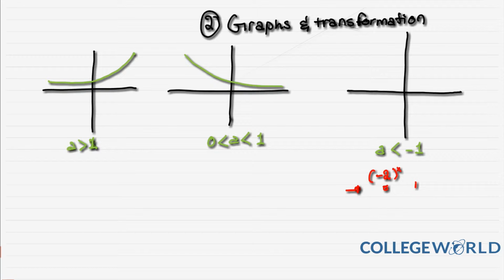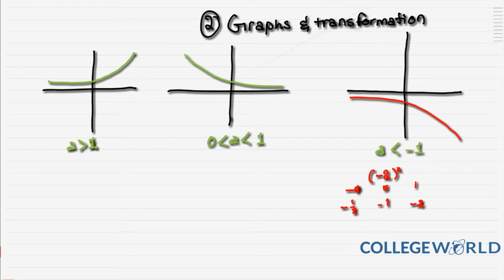This will be simply negative half, this is going to be -1, and this is going to be -2. So as you see, it is getting lower and lower, but in the negative sense. In other words, it's going to be like this.